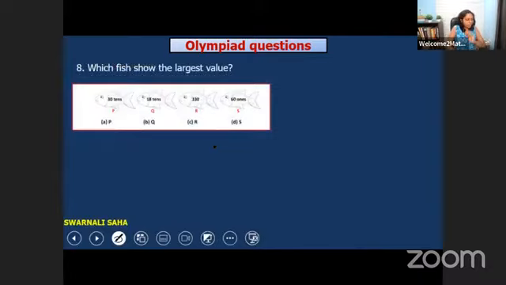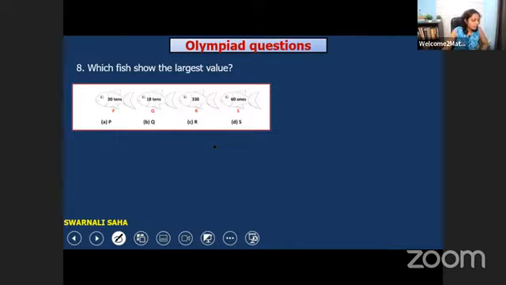Now here you can see some fishes. Which fish shows the largest value, that we have to find out. Here we have the fish P, Q, R and S. Okay, so let's see this.